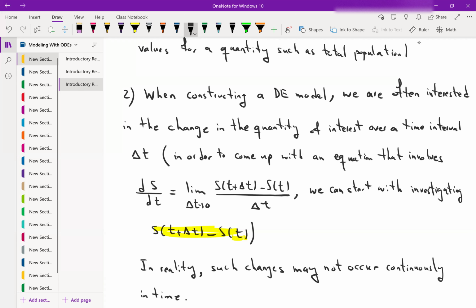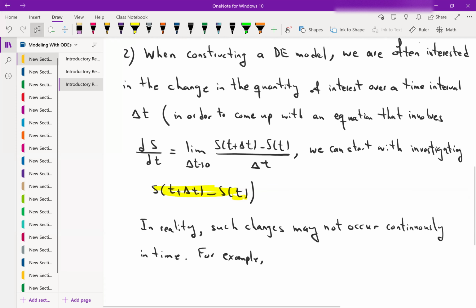So what do I mean by this? Again, let me repeat. When I say such changes, I mean the change in the value of S from t to t plus delta t: what the value of the quantity of interest is at time t, and what it is at time t plus delta t. My claim is that in real life, this change is not necessarily happening continuously in time. And let me explore this by giving you an example.